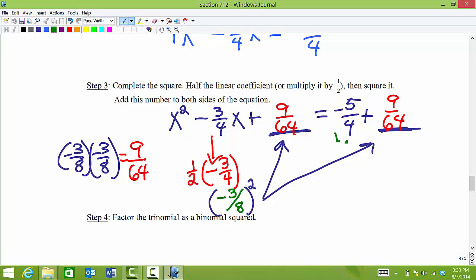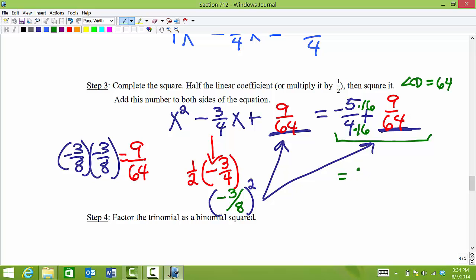We see that on the right-hand side we have two fractions that need to be combined. What is the LCD of 4 and 64? The LCD would be 64. We need to multiply in a 16 at the top and the bottom of the first fraction.